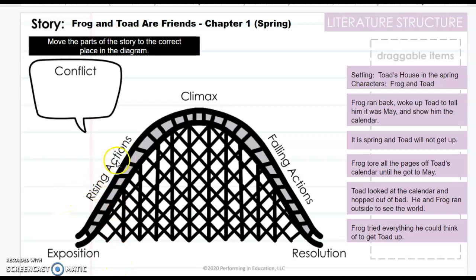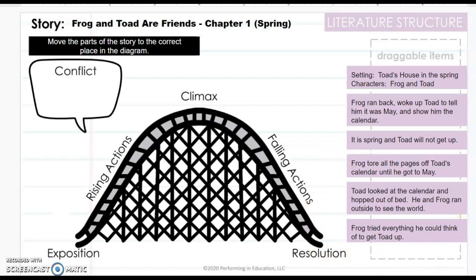Rising action is the actions and the events between the beginning and the middle, where we find the climax. Climax is going to be the turning point of the whole story. The falling action is the events between the climax and the resolution, where the story gets wrapped up. And the resolution is where the problem gets solved.